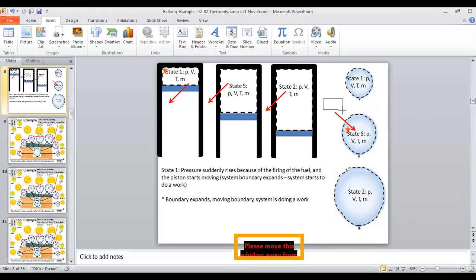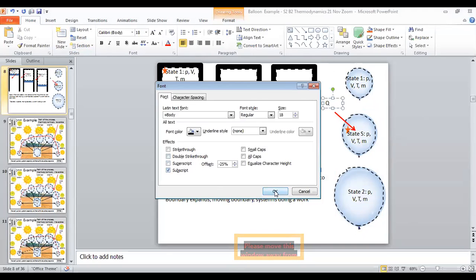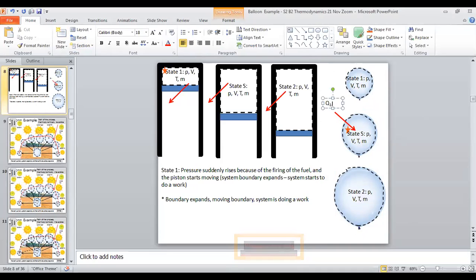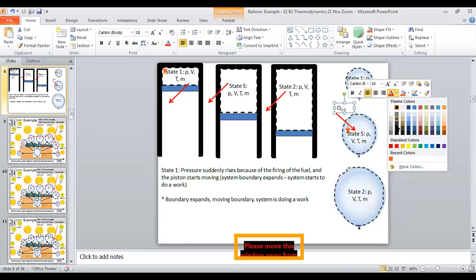So let's say the heat. Okay, heat received from 1 to 2 as Q12. Q12 I put into the general state here. Okay, Q12 I will put generally.